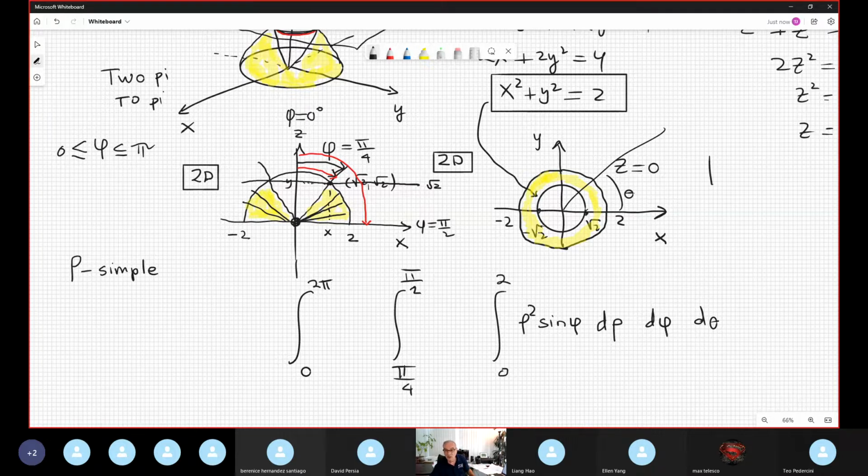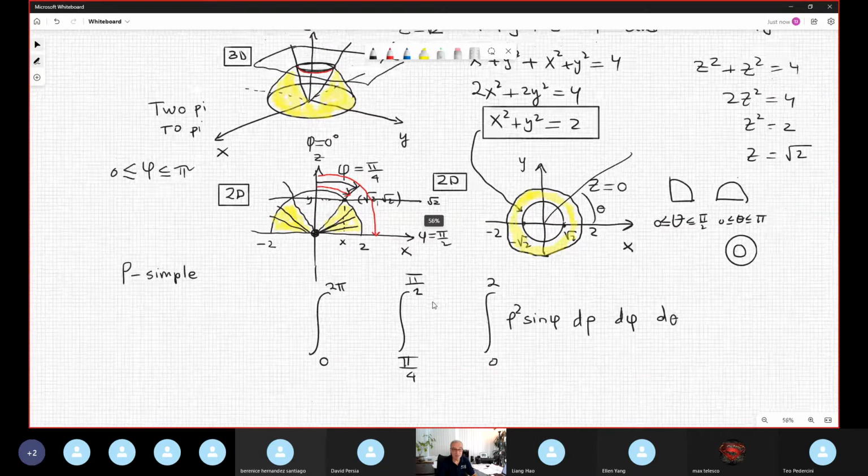If it's a quarter circle, it's from 0 to pi over 2. If it's a semicircle, 0 to pi. If it's a full circle, it's 0 to 2 pi. It doesn't matter if we have a hole here. Okay?